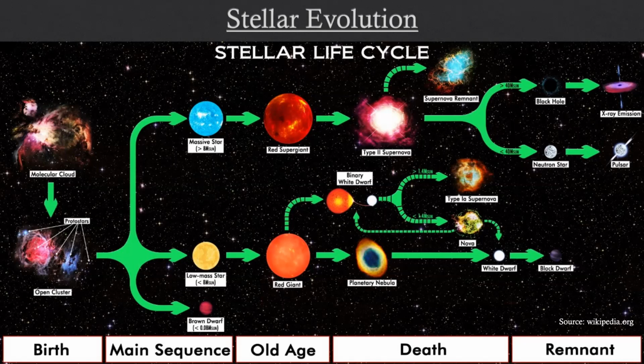So the star in the previous slide was a main sequence star, and this is also a main sequence star. Then you have brown dwarfs, which are basically failed stars. If the mass of the star is below 8% the mass of the sun, it will never start hydrogen fusion in the core. Anything greater than that will start hydrogen fusion, and we get the main sequence.